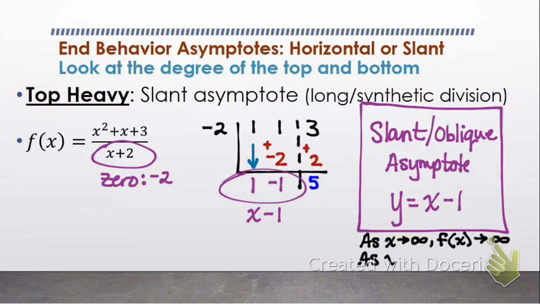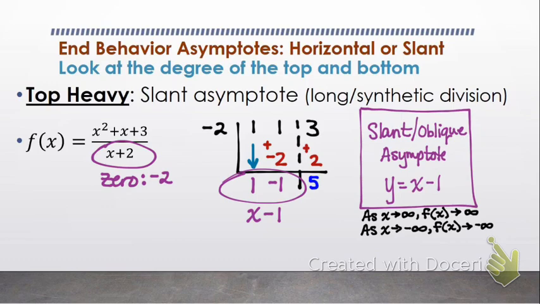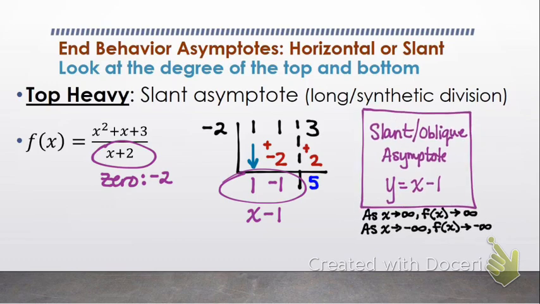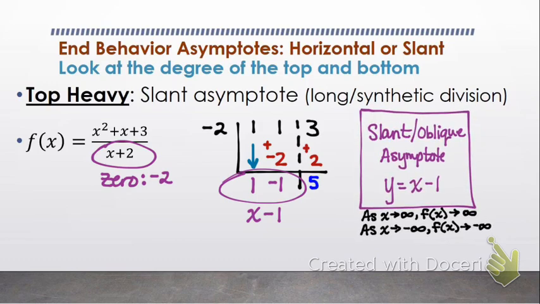And on the left-hand side, as x approaches negative infinity, my function is going to be pointing down. It's also going to be approaching negative infinity. So looking at the exact same types of things that we did when we were talking about odd and even functions and our end behavior, I want to know the end behavior of my asymptote. That will be the overall end behavior of my function.